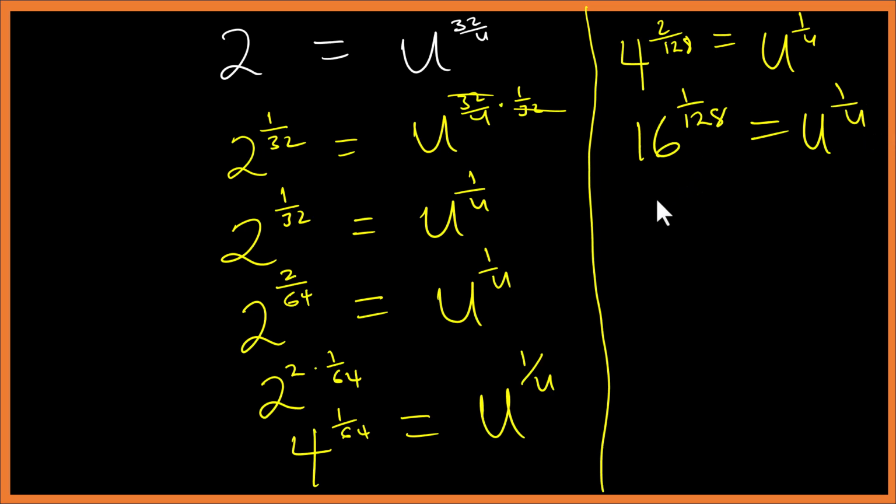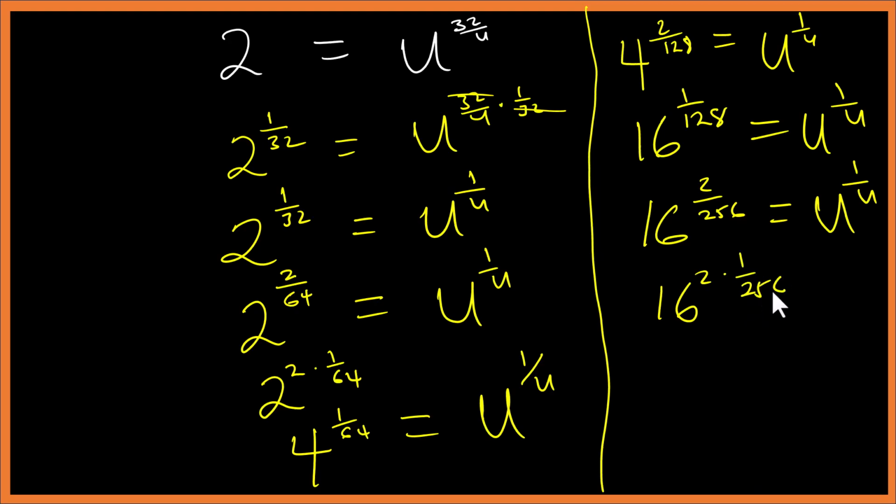Now let's go again. So that will be 16 to the power 2 on 256, u raised to 1 on u. So we have 16 squared, that will be 256, 1 on 256 equals u raised to 1 on u.